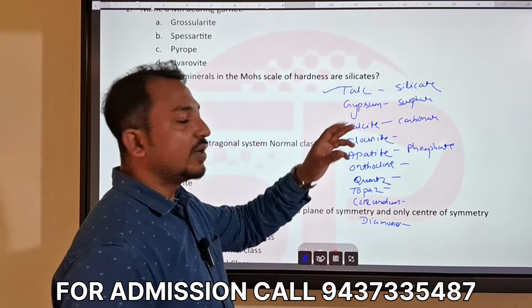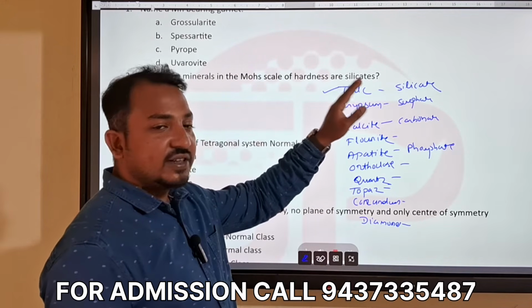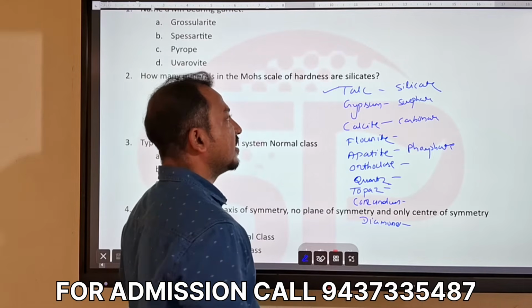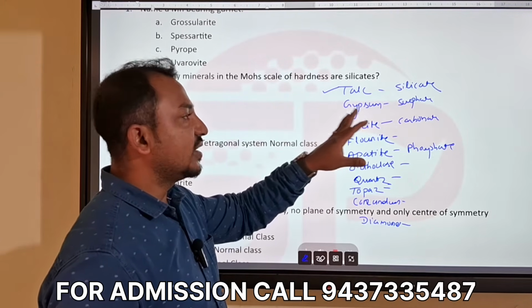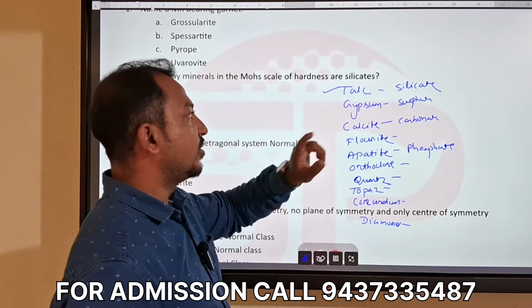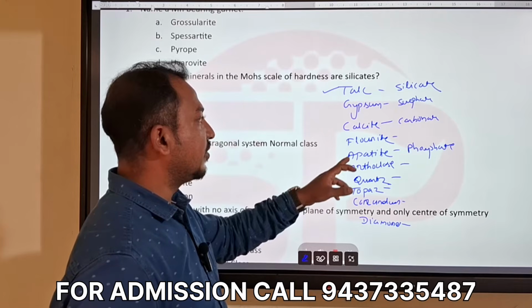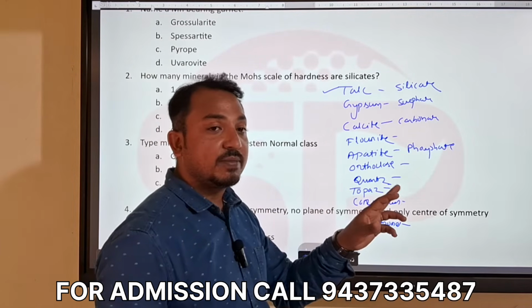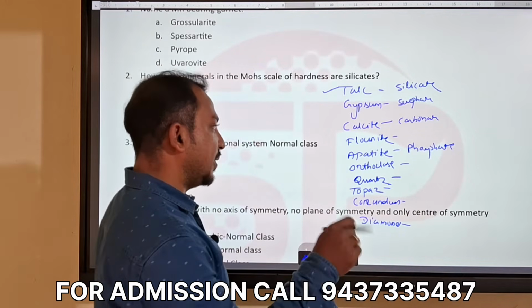So talc is a silicate, but it is a hydrosilicate. Gypsum is a hydrosulfate, CaSO4.2H2O, calcite CaCO3, fluorite CaF2, apatite Ca5(PO4)3(OH).